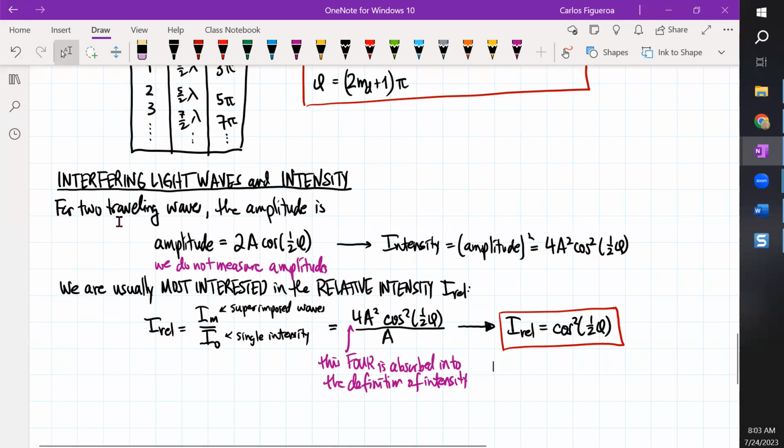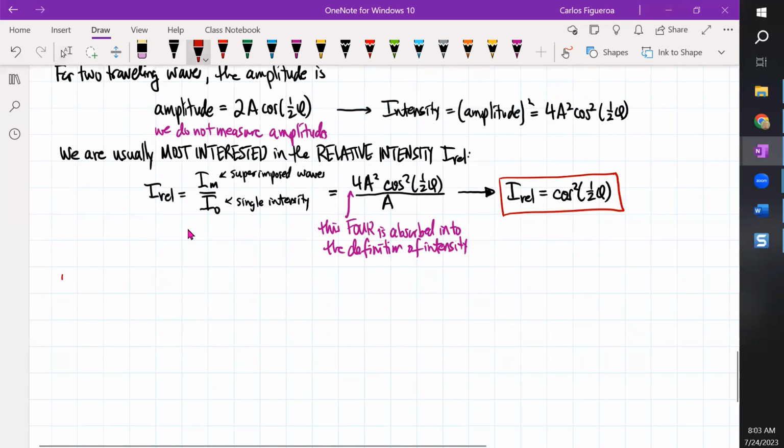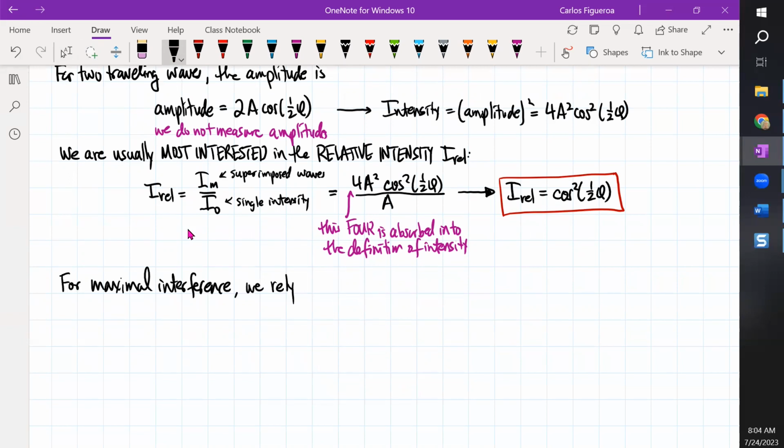For maximal interference, we rely on phi equals 2 pi over lambda times delta r to determine whether it's constructive or destructive.